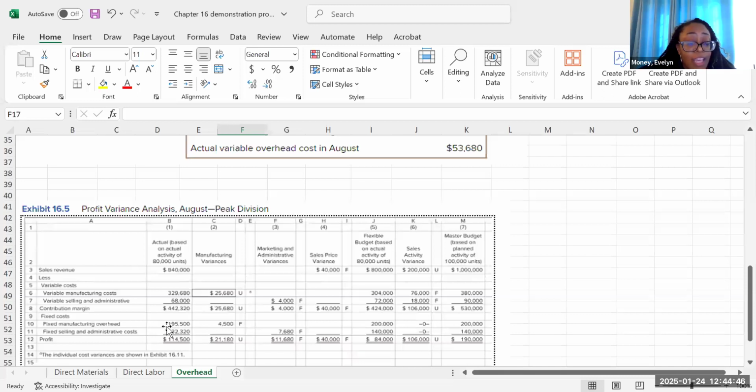Well, this tells me the actual amount that I spent for fixed overhead. So usually when it comes to fixed overhead, I have to look at some type of profit variance analysis or some type of table that tells me what the actual fixed overhead amount was. And I find it here in the amount of 195,500.